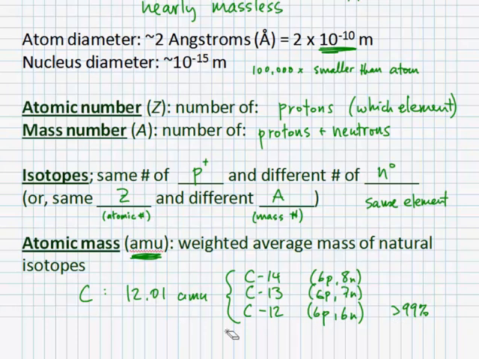Carbon-12 has a mass of 12 AMU, but the atomic mass, when we weight the average of it, because we have a small amount of these heavier isotopes, the actual weighted average creeps up a little bit above 12. So that 12.01 is going to be an important number. We don't do too many calculations in this course, but we'll keep that in mind.